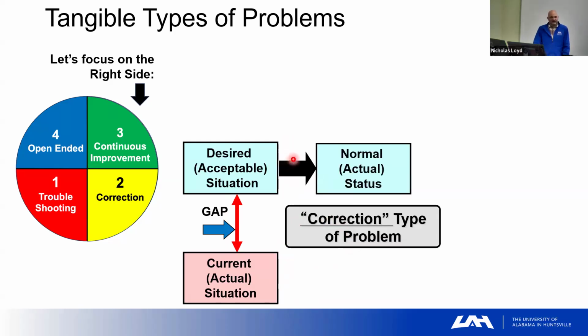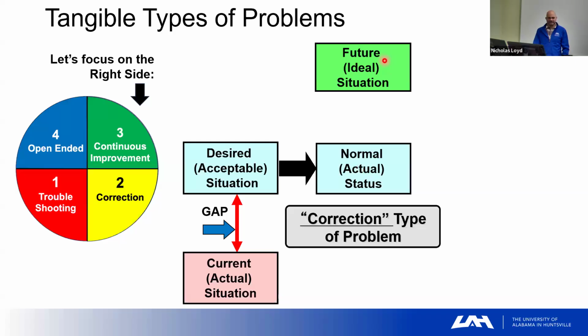But we could also have a normal situation that's just fine, performing to standard, but we wish to improve. That might be because we need to improve to continue to be competitive. What we're doing today is just fine, but we know if we keep performing at this level, we'll fall behind.